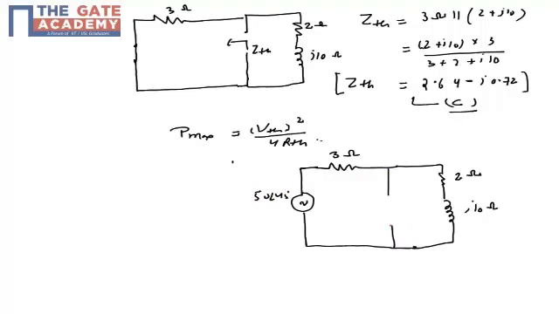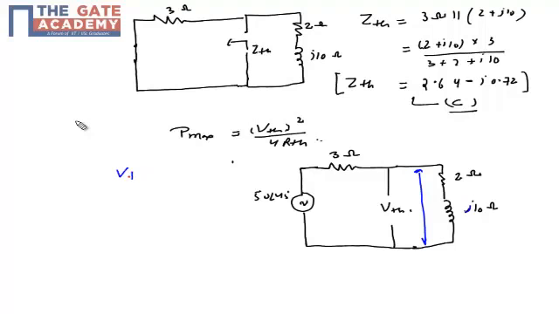We need to find VTH across this terminal. The 2 ohm plus j10 ohm network forms a voltage divider, and the voltage across these two is my VTH, so I can apply the voltage divider.